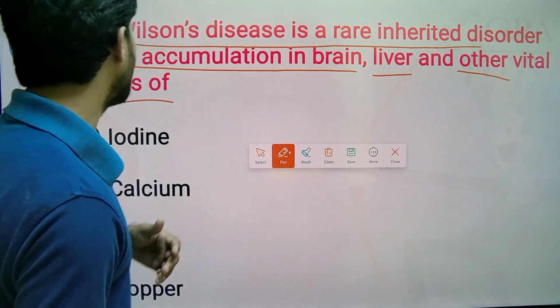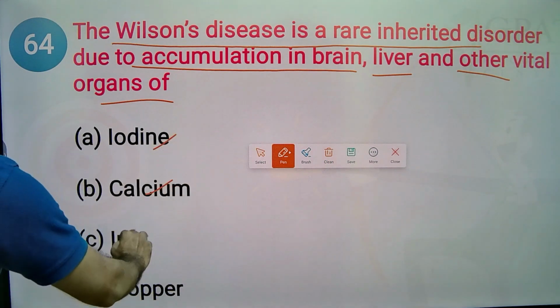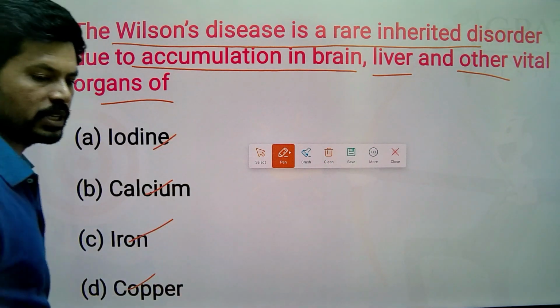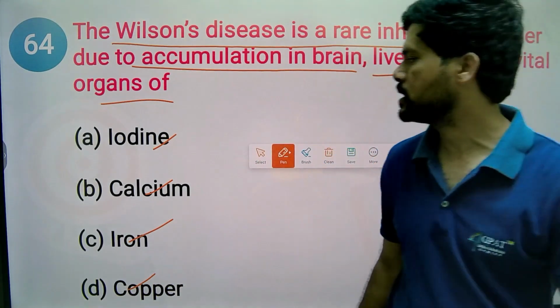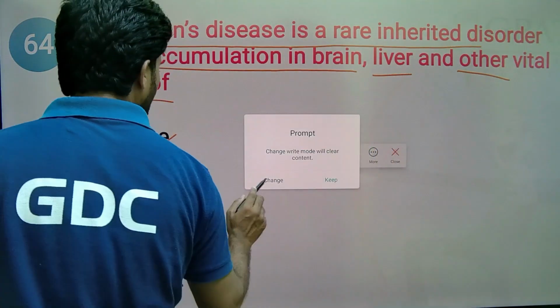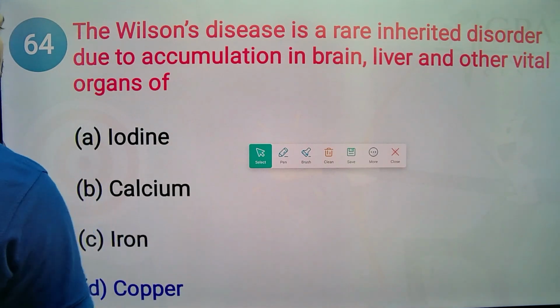The options are iodine, calcium, iron, copper. Simply, Wilson's disease is a copper chelated disorder.